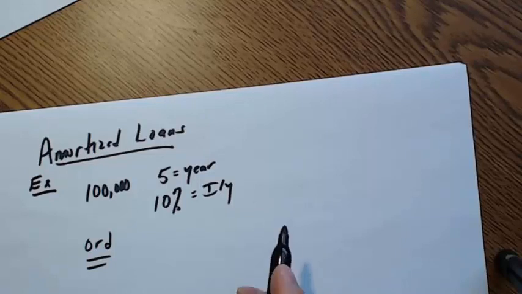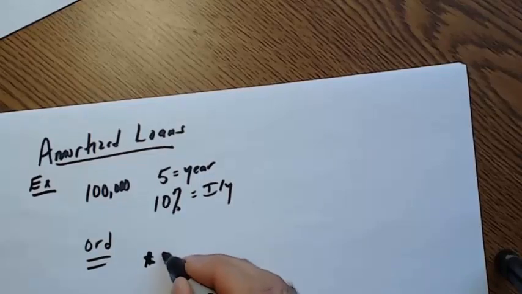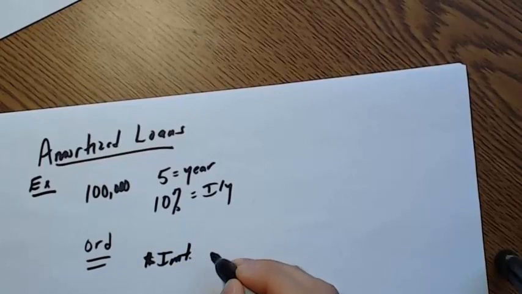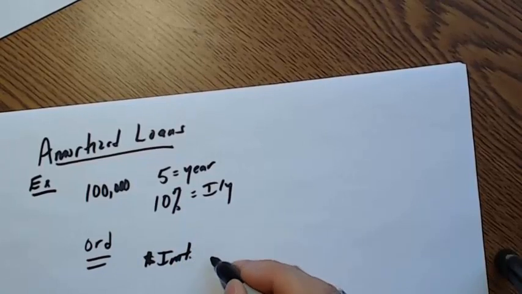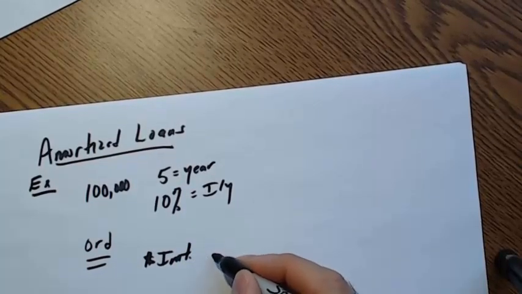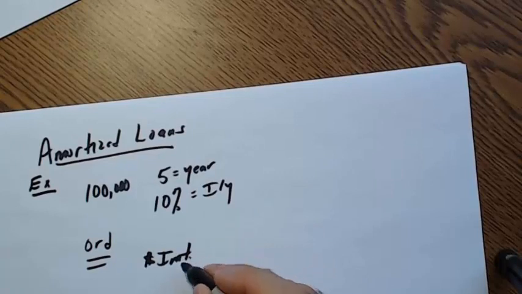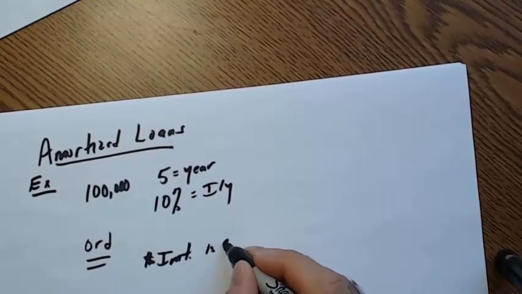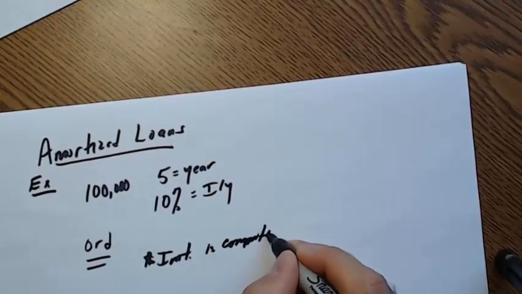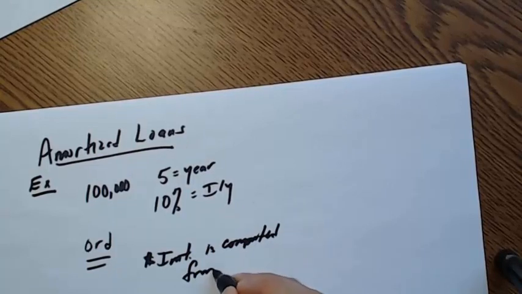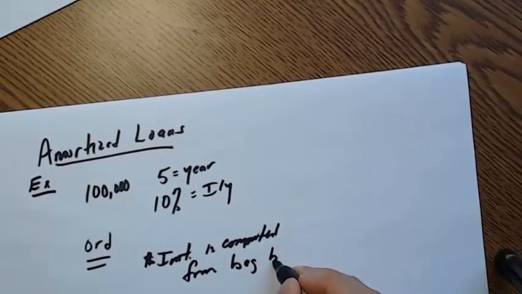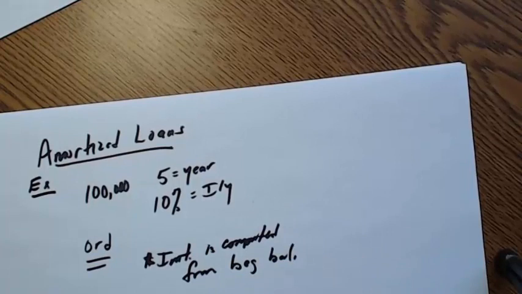So the dollar amount of interest that's due is computed from the beginning balance. That's important to know. So it's the balance at the beginning of the period that is used to calculate the interest that's due.